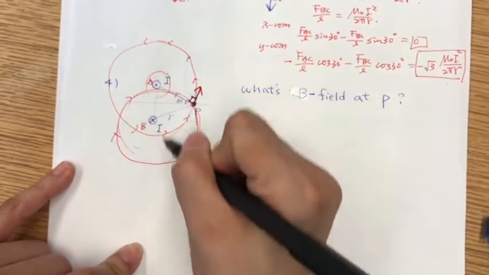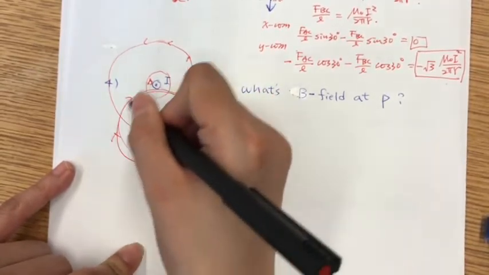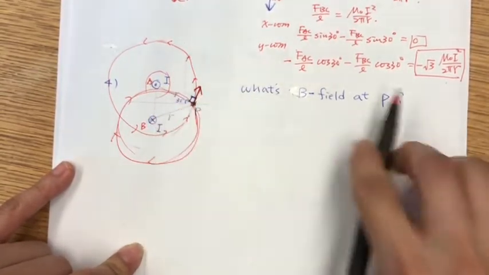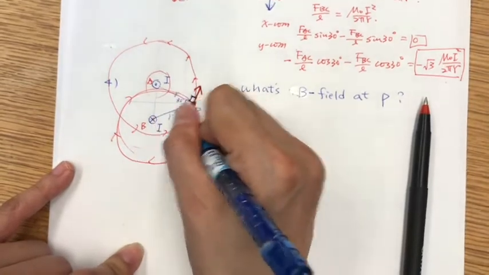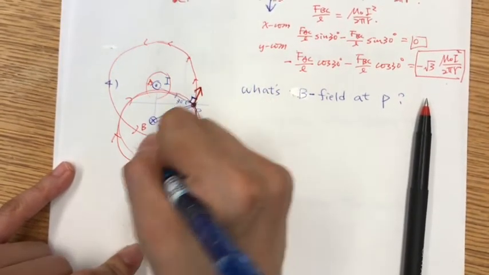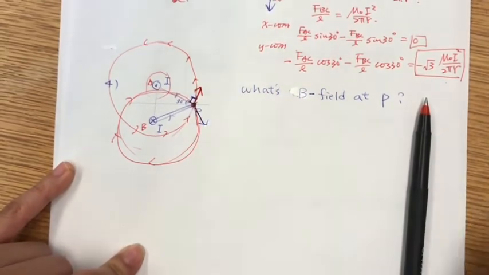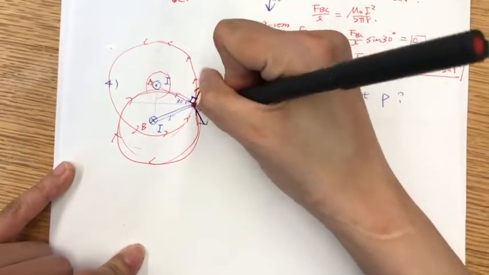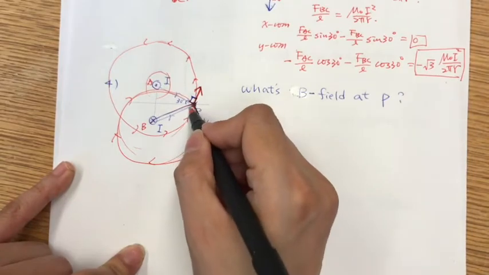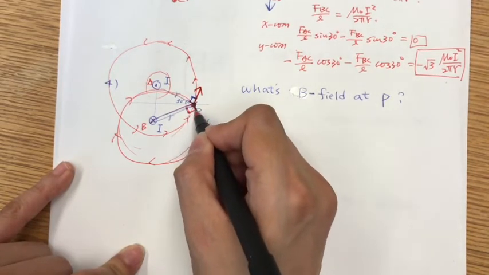So the magnetic field on this is going clockwise. So exactly at this point it will be going clockwise, so it will be going this way. Again, it's a tangential line, so this is 90 degrees.